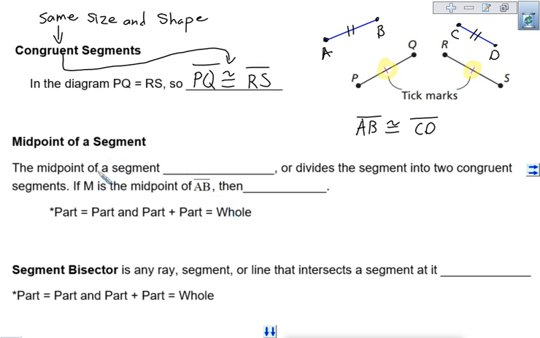Then we have a midpoint. A midpoint of a segment bisects or divides a segment into 2 congruent segments. So a midpoint, just like what it sounds like, is at the halfway point. It's right in the middle.